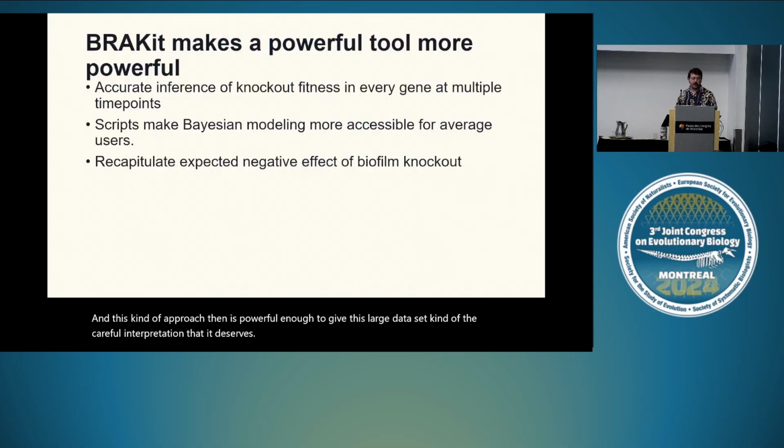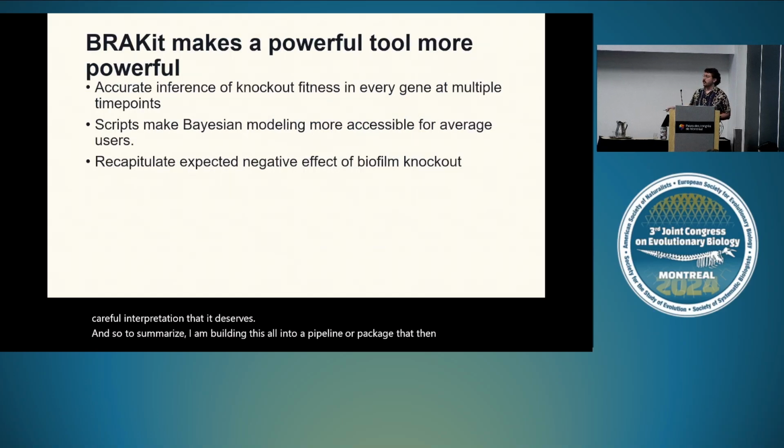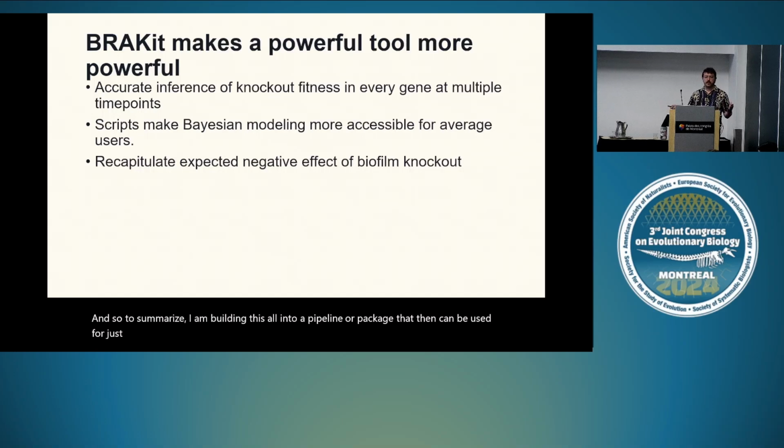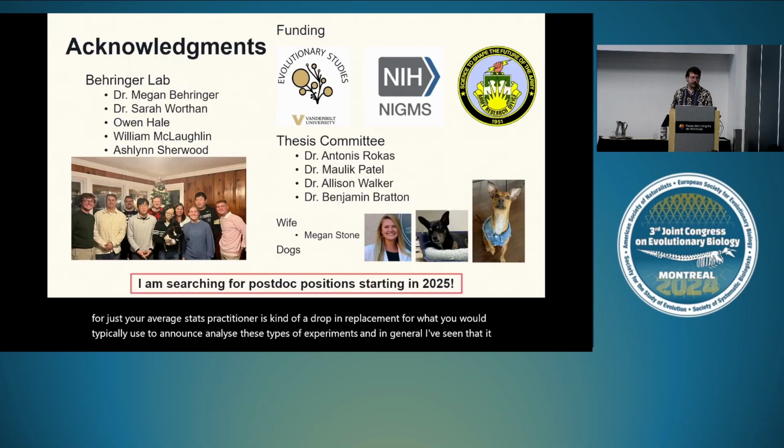To summarize, I am building this all into a pipeline R package that can be used by your average stats practitioner. It's a drop-in replacement for what you would typically use to analyze these types of experiments. And in general, I've seen that it recapitulates a lot of biological effects that are already known.